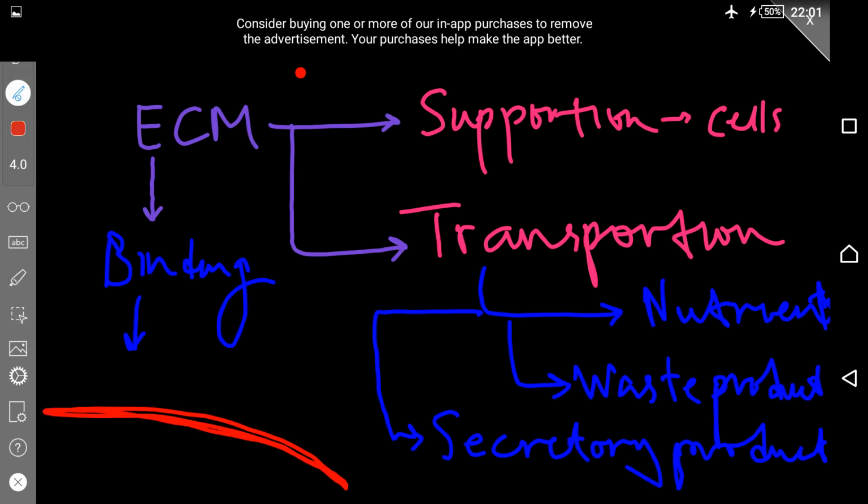These cell membranes have these structures called receptors, and the extracellular matrix binds to these receptors, and through this binding and affinity with these receptors connect with the intracellular structures, and thus these actions of transportation and also support happen and take part.